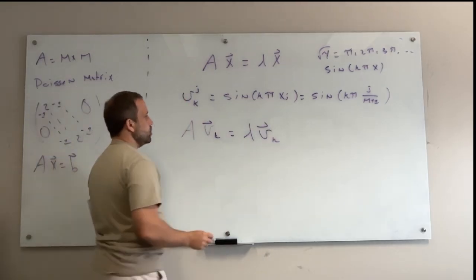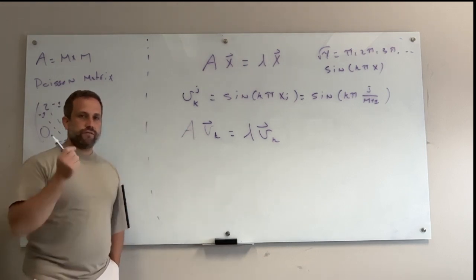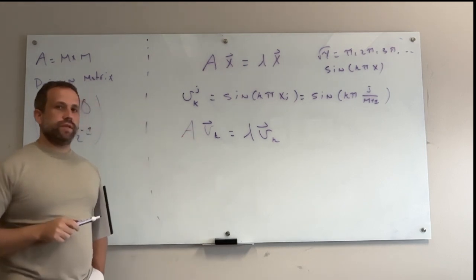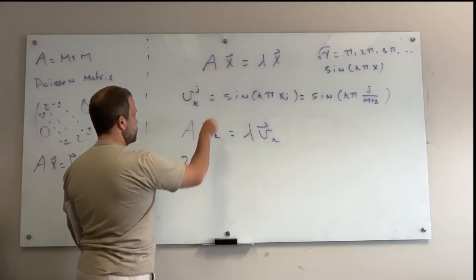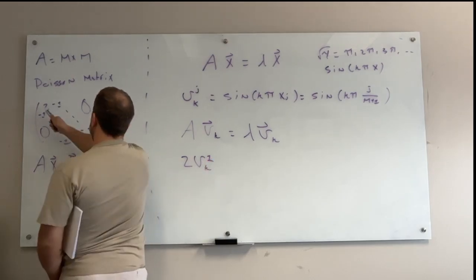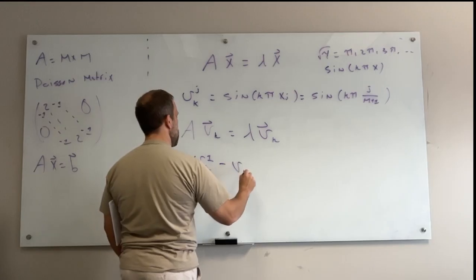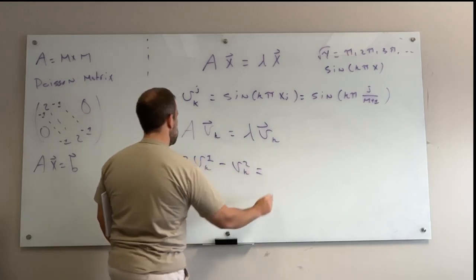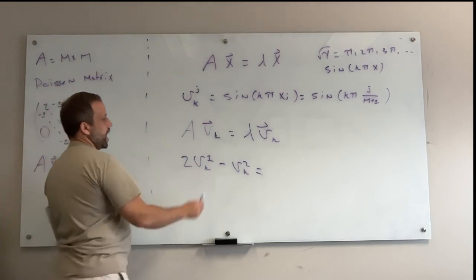Okay, so let's think about the left-hand side. What is the top entry, the first entry, when I do this matrix vector multiplication? Well, it's going to be 2 times the first entry of this vector, vk1, minus the second entry of this vector, so minus vk2. Okay, so what is vk1?